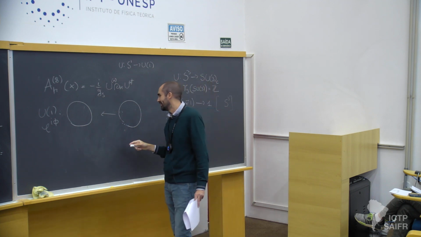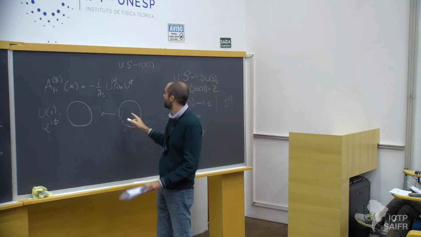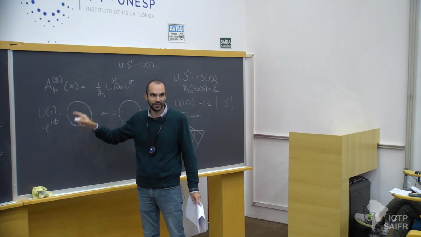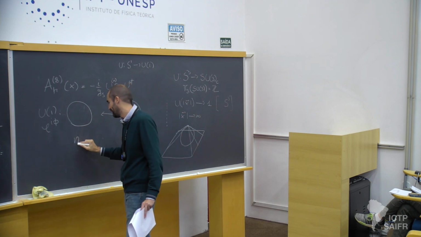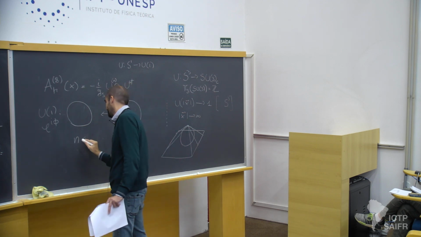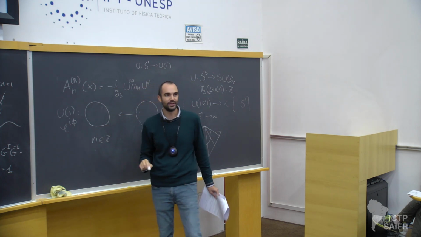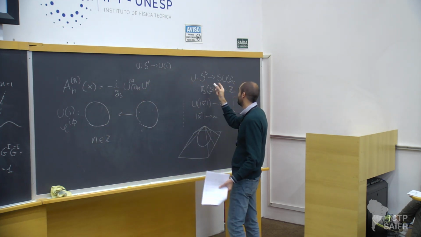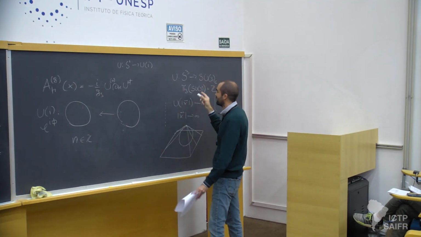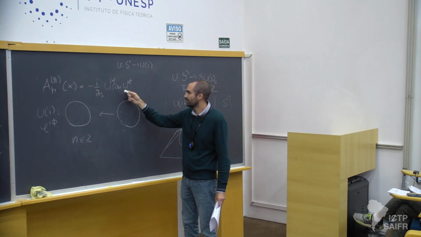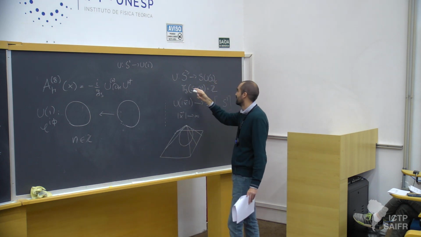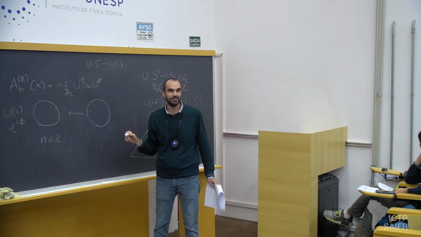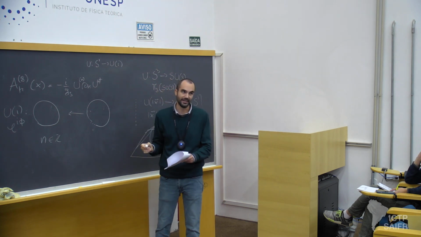Essentially, you can wrap it around once, or twice, or 3 times, or 4 times. So also in this case, there are as many ways as there are integers to map one into the other. And this is the same. It's telling you that you can write a gauge transformation that is mapping SU3 to the sphere by wrapping it around once, or 2 times, or 3 times, and you cannot deform one into the other.